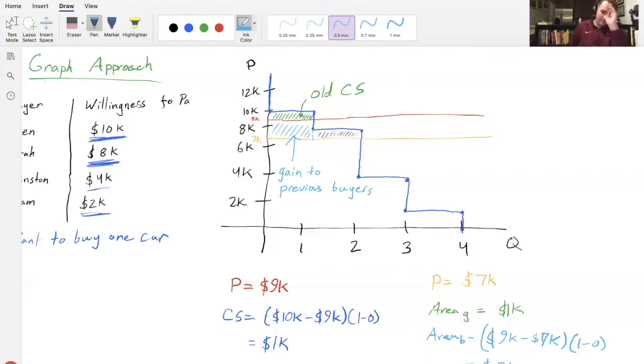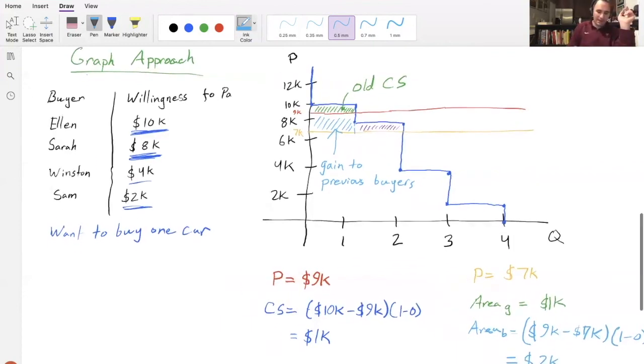In this case, this is just Ellen's gain. And then over here, we have this purple shaded region, and this is the consumer surplus of new buyers. And that's their contribution to consumer surplus.